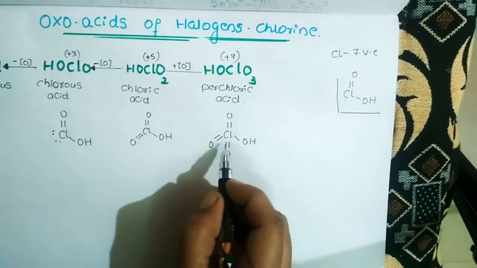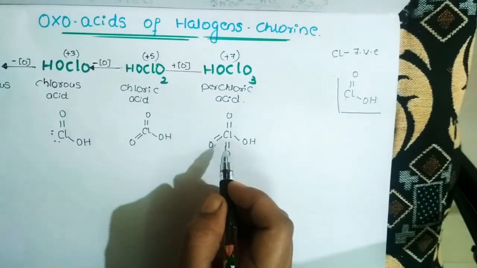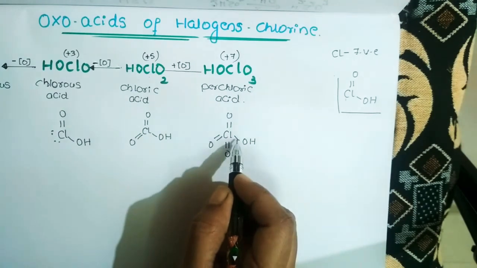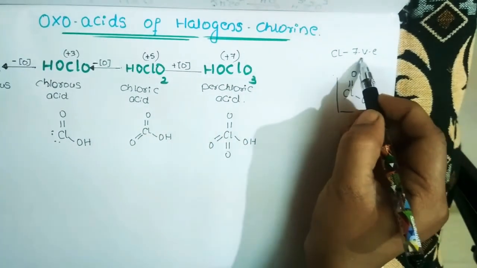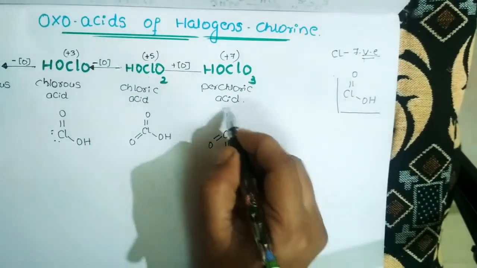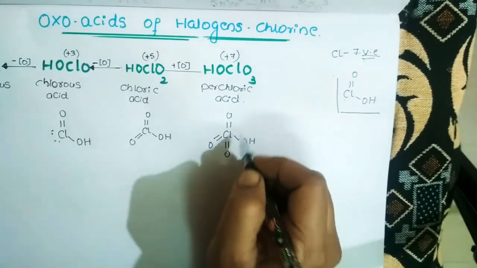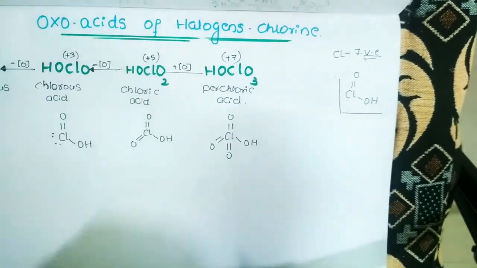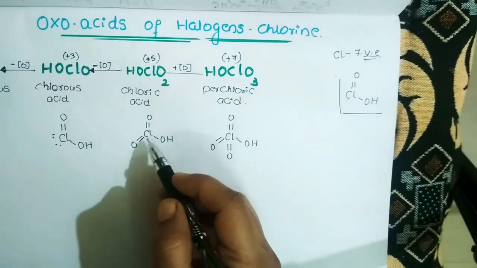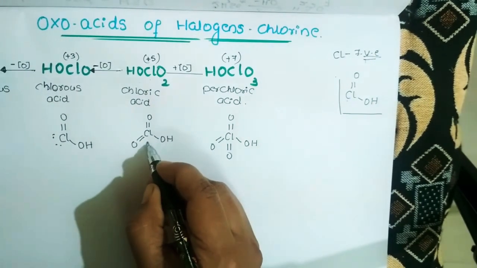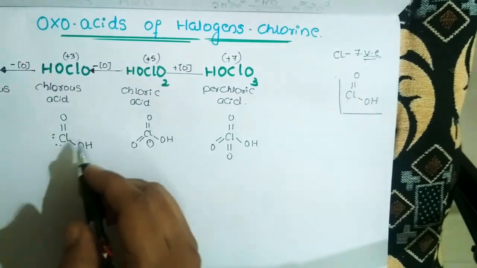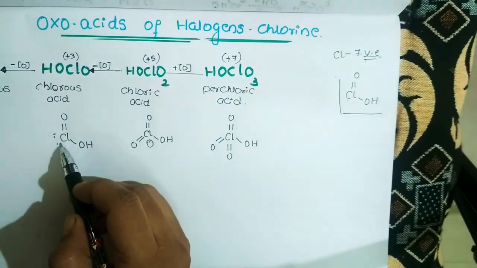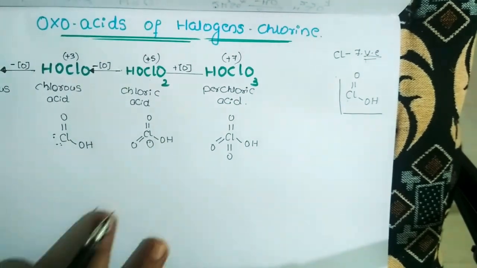So here 2, 4, 6, 7. So 7 valency electrons are completely involved in the bonding. So there will be no presence of a lone pair of electrons. Chlorous acid has 1 lone pair of electrons, and chloric acid has 2 lone pairs. So this is how you need to remember.